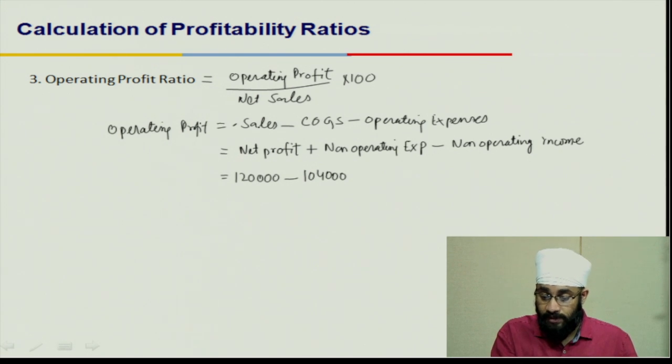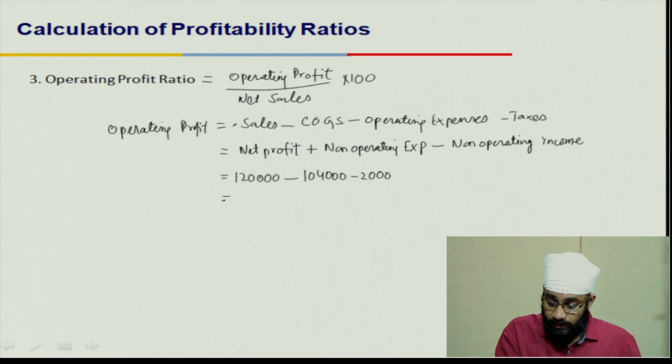So we have sales minus cost of goods sold and operating expenses. So both these together sum up to 104,000. And out of this, of course, you need to pay taxes. So there is a figure of tax which is 2,000. So let me just say taxes here. All right, now this comes out to be 14,000 here. This is for the first equation.